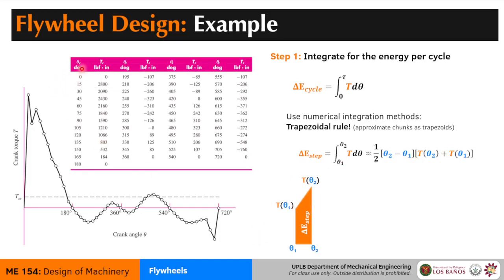So if it's 0 to 15, your two bases are 0 and 2800. You add these up, multiply by the angular difference, and then divide by 2. And that is the trapezoidal area for that range. And now you have to do this for every single step.